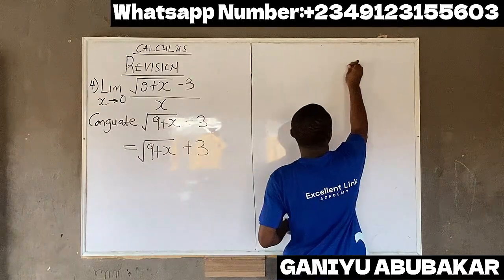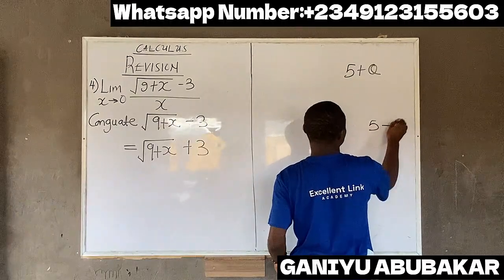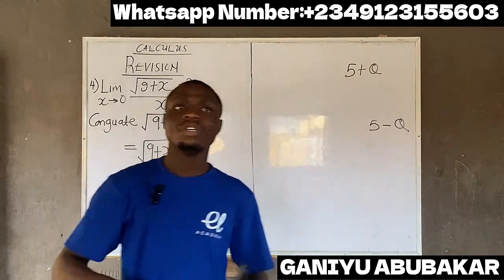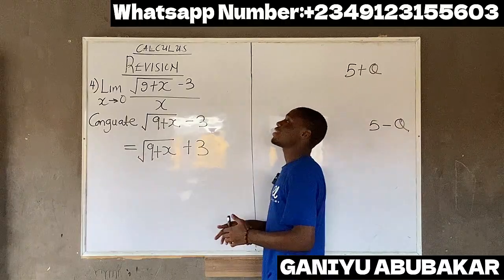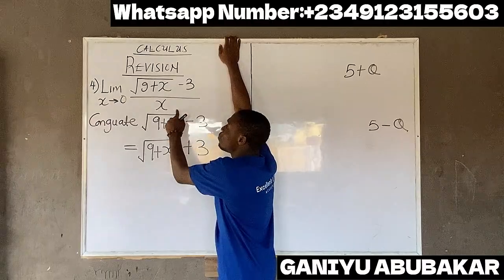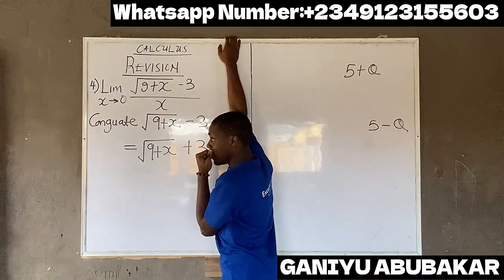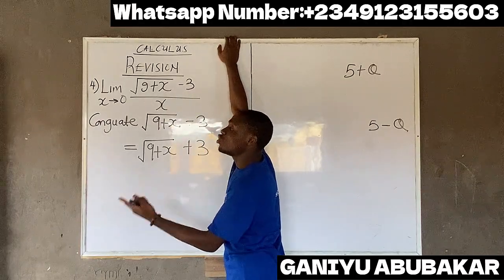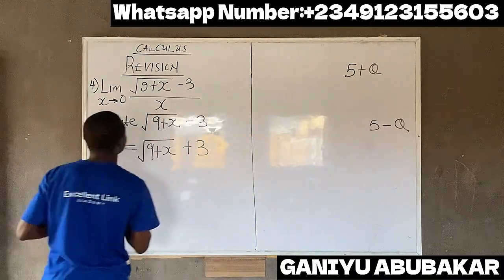If I have 5 plus q, what is the conjugate? That gives you 5 minus q. So the idea behind the conjugate is just changing the sign from the initial one to the opposite one. So here's the task: when it comes to rationalizing, I multiply numerator and denominator by the conjugate of the part that has the root, which of course is the numerator.